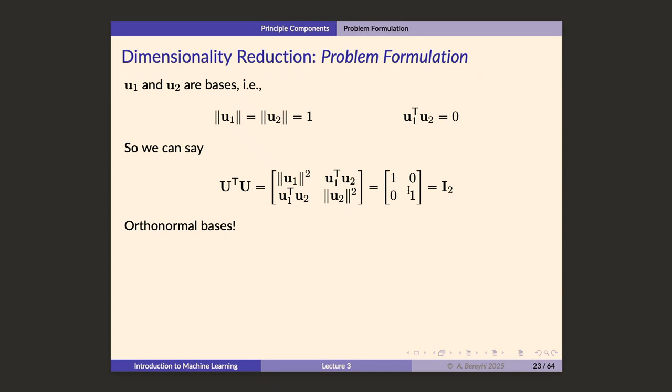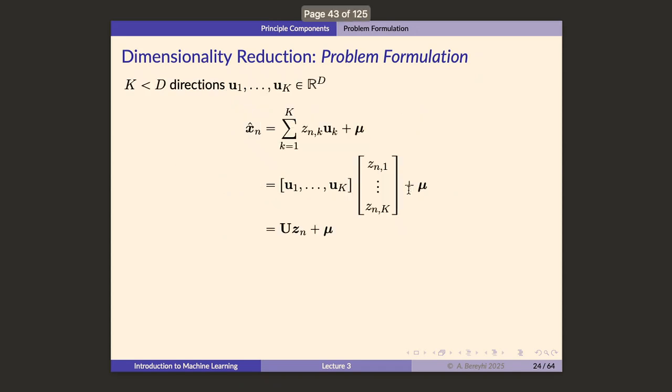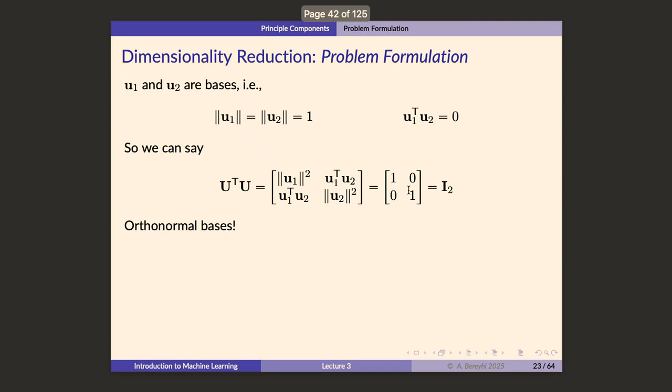Clear? So this has this property of the orthogonal base, but there is one key difference here that you should pay very much attention to, and that is that you are getting this U, which is rectangular in general. So it has D different rows, 2 columns, right? And then when you multiply it, you end up with I of dimension 2. You're not ending up with any D by D matrix anymore, right?